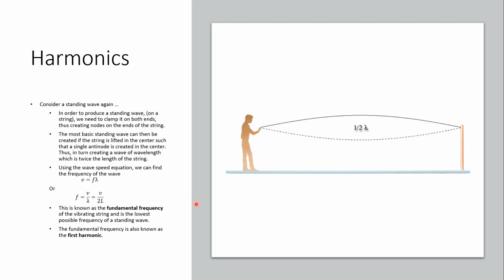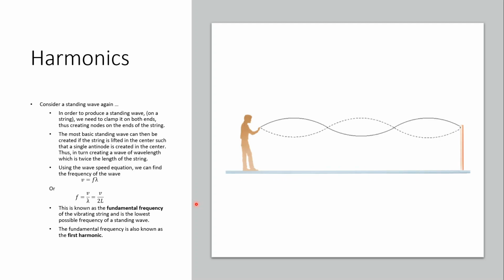Yes, we can. Right, so what was it for a standing wave? You clamp it, for a string at least, on either end and then lift it up or push it down from one end, and that would create an antinode at that location.